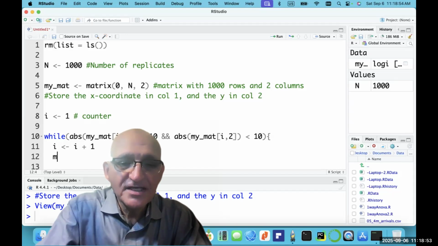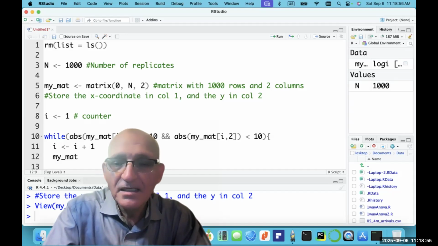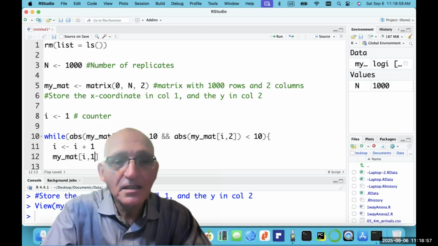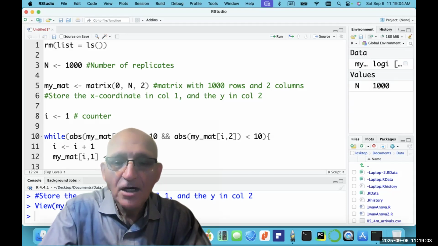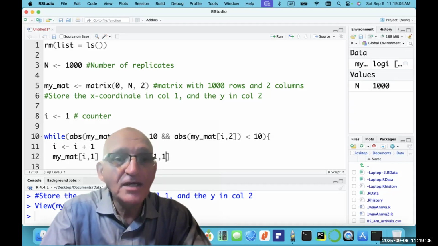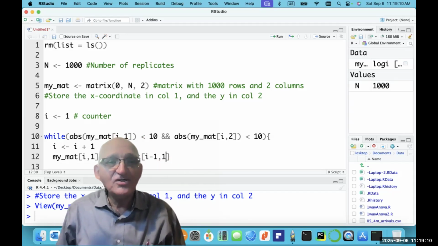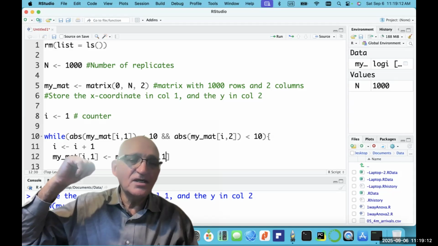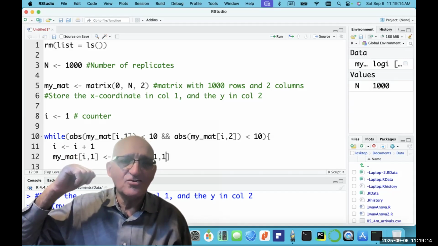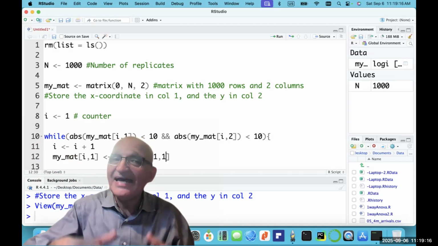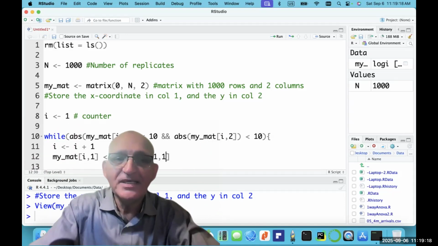And then I'm going to say my mat of I and 1 equals my mat of I minus 1 and 1, which was the previous point. Notice if I is 1, I'm going to say, oh, get me the point in the matrix where the index is 0, and it will give me an error. That's why I had to add 1 to begin with.